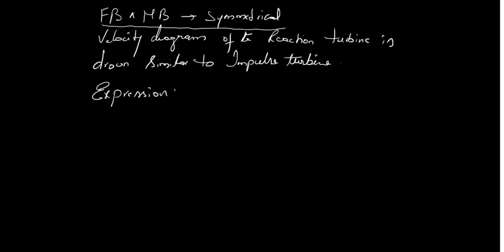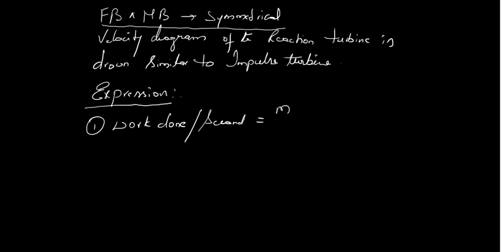What are the expressions we are going to see? We are going to derive, we'll see one after the other. First one, work done. Work done per second is given as m multiplied by (VW1 plus VW2) multiplied by U divided by 1000 kilojoules per second.